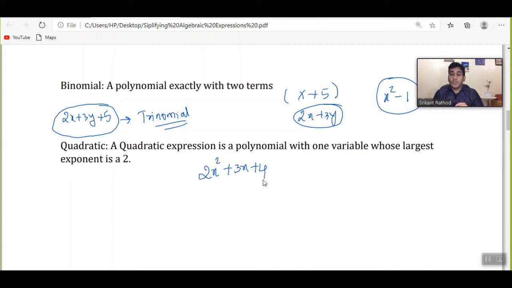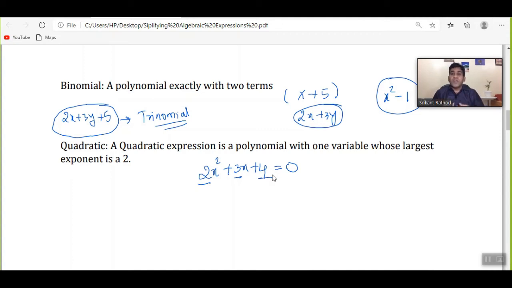in one variable called x and the highest power of that variable is 2, where 2, 3 and 4 are representing the constants here. 2 is the coefficient of x square, 3 is the coefficient of x, and 4 is a constant term. And if you equate this expression to 0, that is called a quadratic function or quadratic equation.